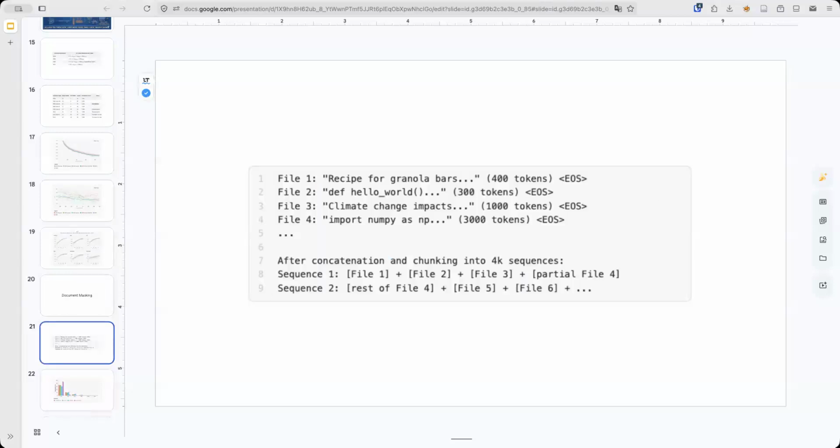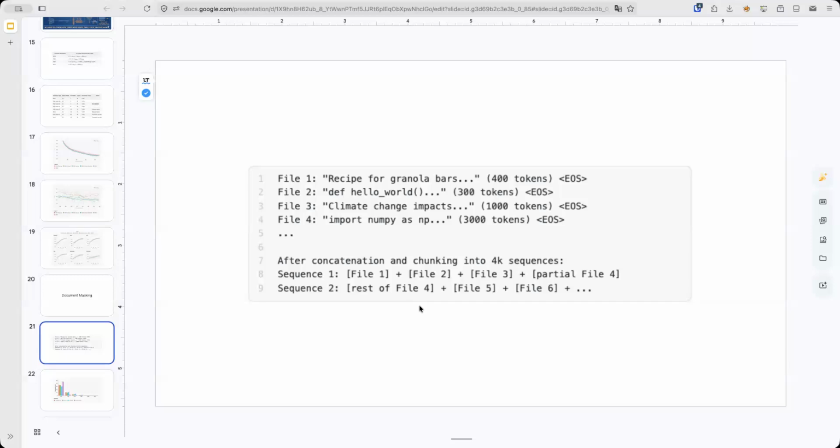But then, if we do this naively, then file 2 would attend to file 1, and file 3 would attend to file 1. So we would involuntarily embed the false knowledge that file 1 always comes before file 3 into the model.